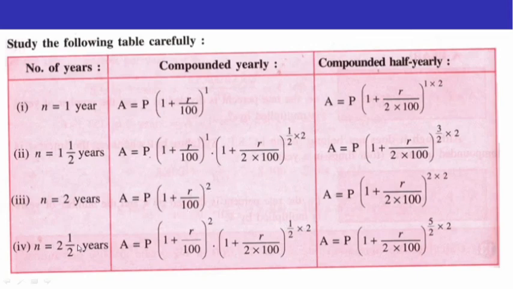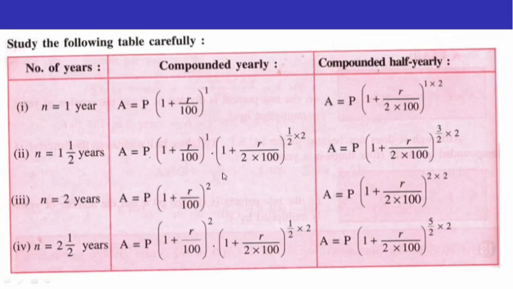But for 2.5 years, for 2 years it will be this much, and for half year it's going to be 1 plus r by 2 into 100 whole to the power half into 2. This entire thing will give you the amount for 2.5 years. You need to observe this very carefully, because the same thing will be useful in the problems.